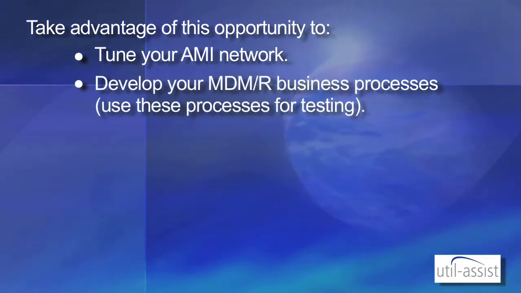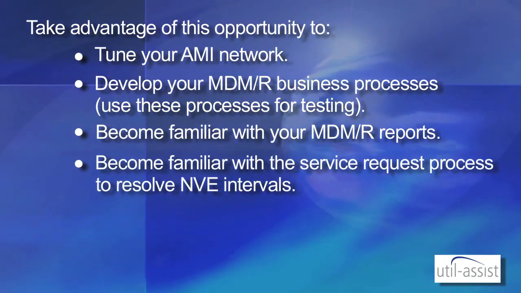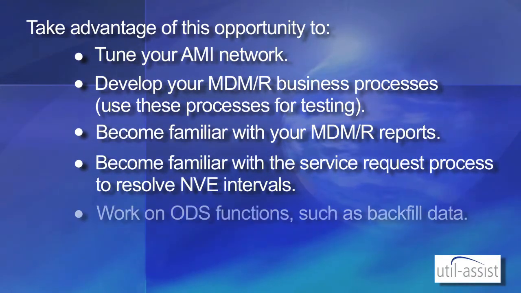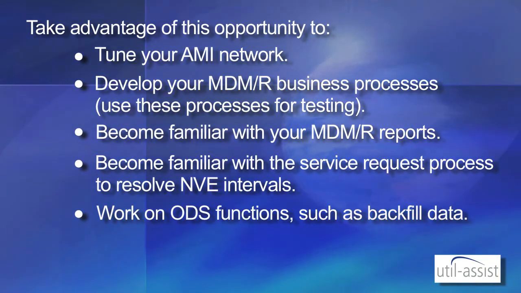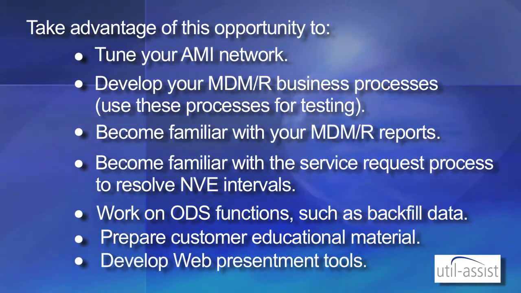Develop your MDMR business processes, which once cut over, you can use for testing. Become familiar with MDMR reports. Become familiar with the service request process to resolve NVE intervals. Work on ODS functions, such as backfill of data. Prepare customer educational material. Develop web presentment tools. An RFP may be required.